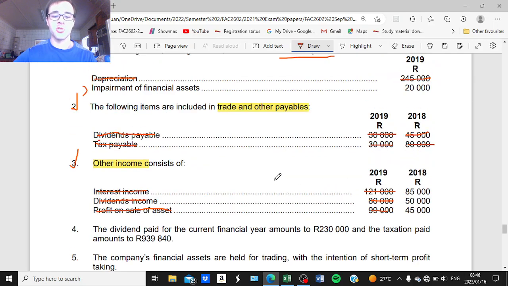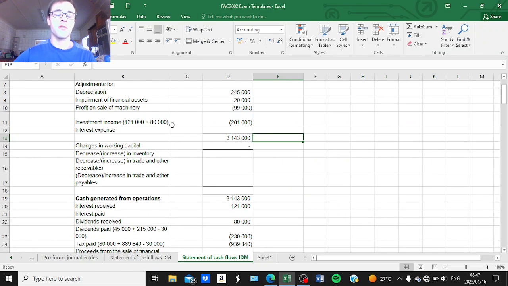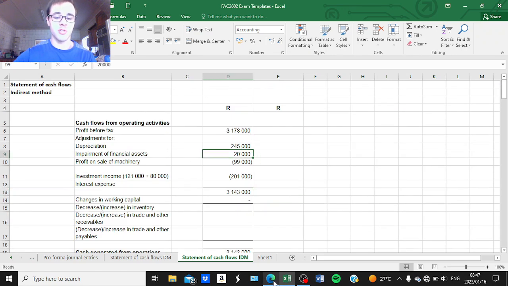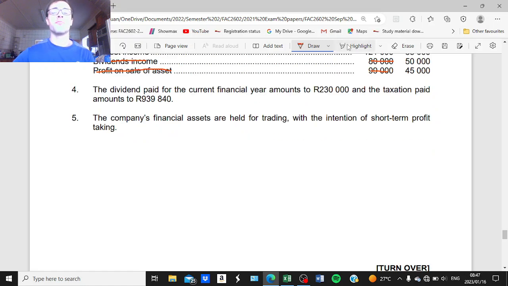We are done with additional information point 3. We have already adjusted the profit on sale of the machinery against the profit before tax. Then additional information point 4 just confirms the cash flows in respect of dividends paid as well as tax paid.